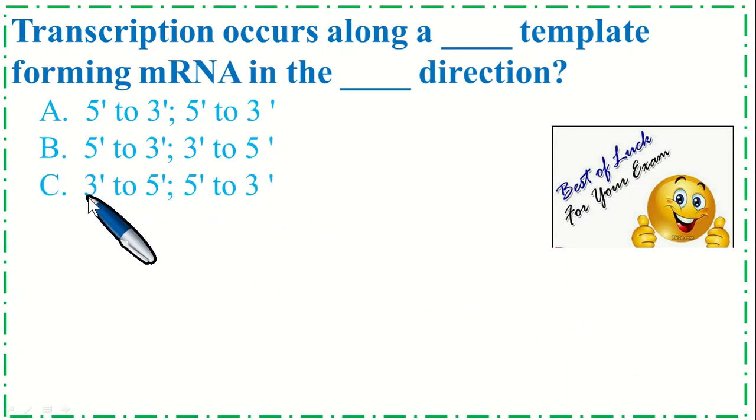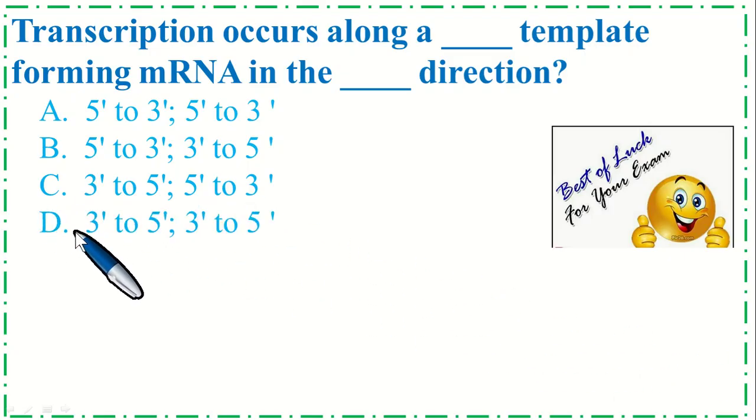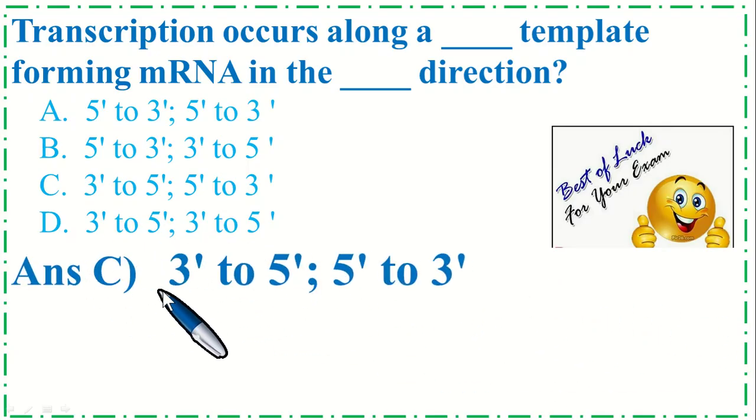Option C 3' to 5' and 5' to 3'. And option D 3' to 5' and 3' to 5'. So the correct option is C 3' to 5' and 5' to 3'.